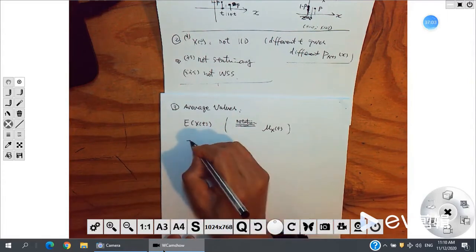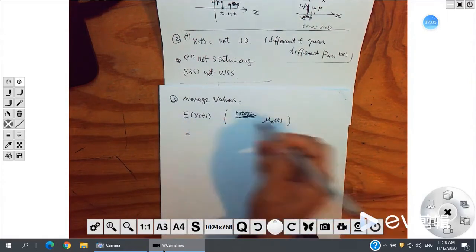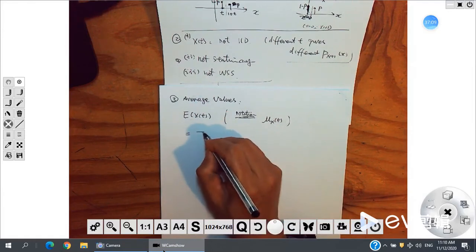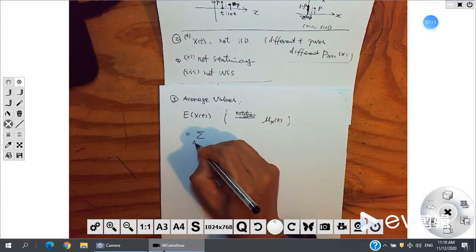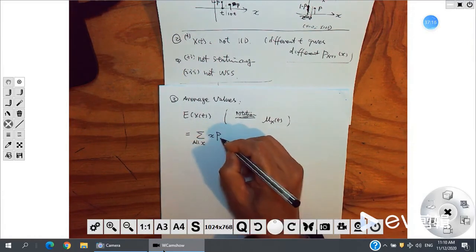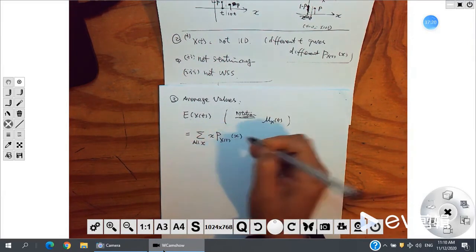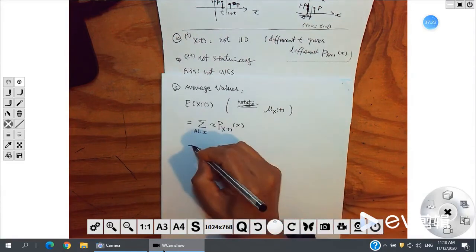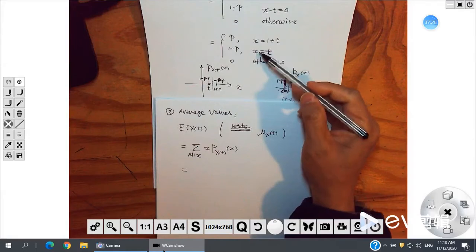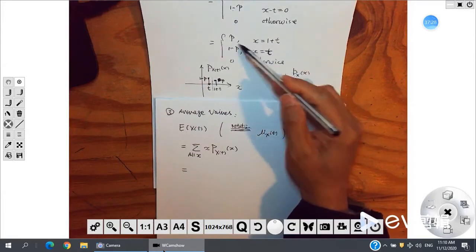Okay, then we use the definition. What is the expectation value? This is discrete type, so we need to do summation over all the possible x, x times the probability mass function. And we know the mass function is here. When x equals these two values, we have these two probabilities.